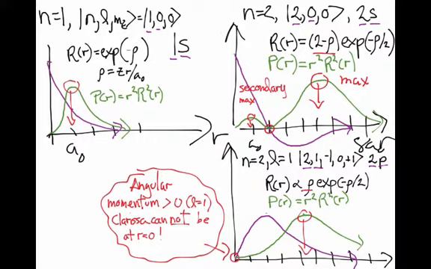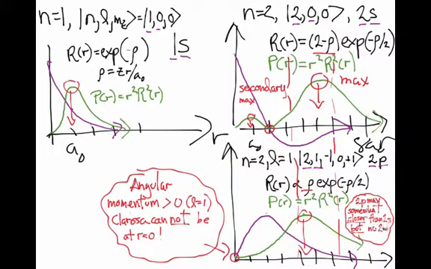And you notice the 2s and the 2p orbitals actually have very similar locations for their maximum. So you tend to find the electron in the same general area. It's actually true that for the 2p, the maximum probability is somewhat closer to the nucleus than the 2s. The 2s is somewhat more extended. But the thing that the 2s has that the 2p doesn't have is that secondary maximum.